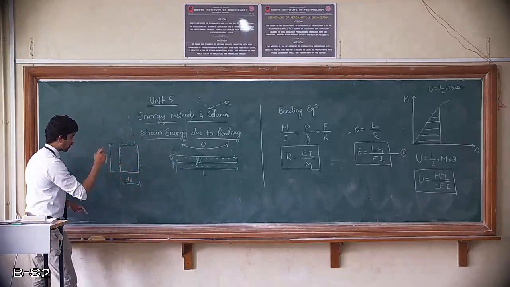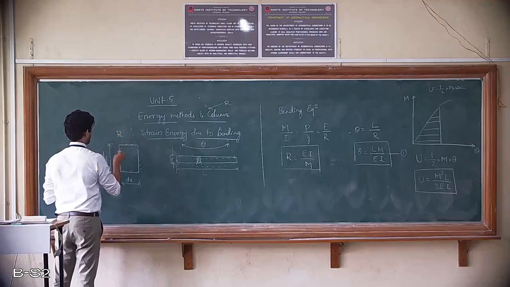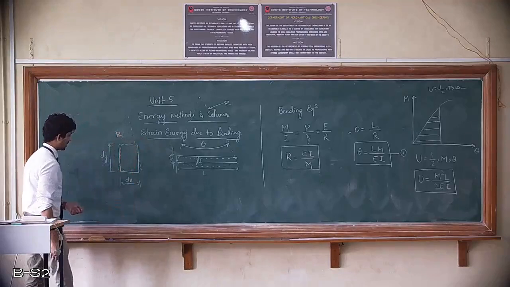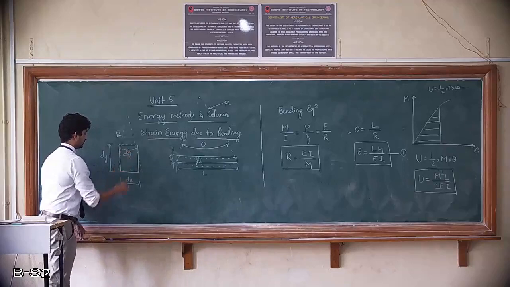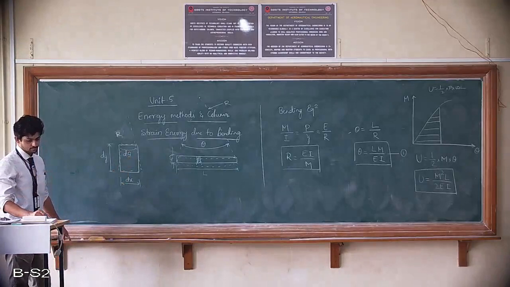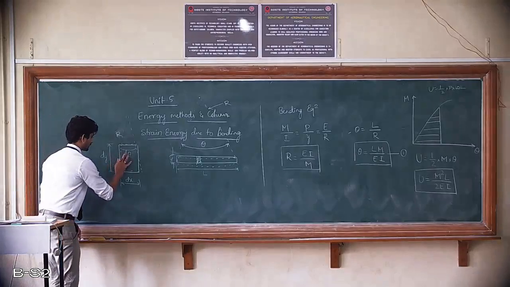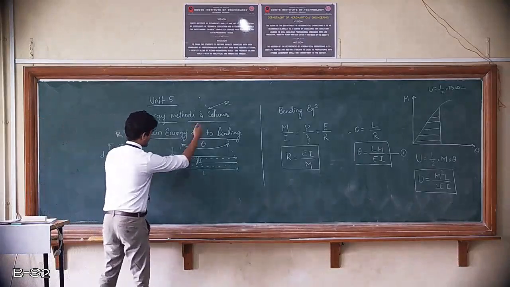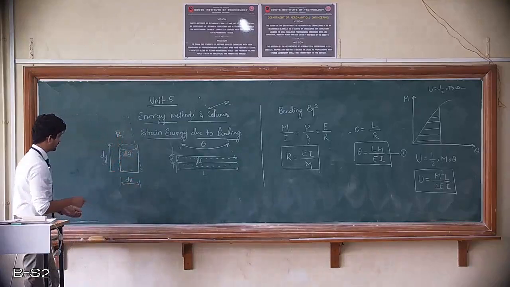Basically, there will be very small curvature, but still, let us consider the radius R. The R is going to remain the same, and this is going to be theta. Let us call this small section d theta. The angle will remain the same, and the radius will also remain the same, since we are just considering a small section.